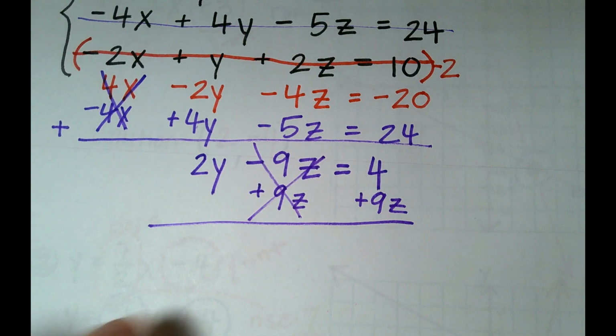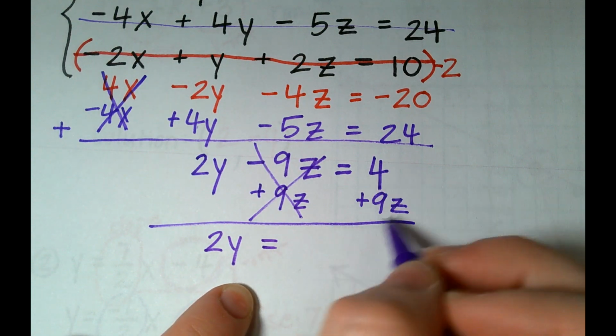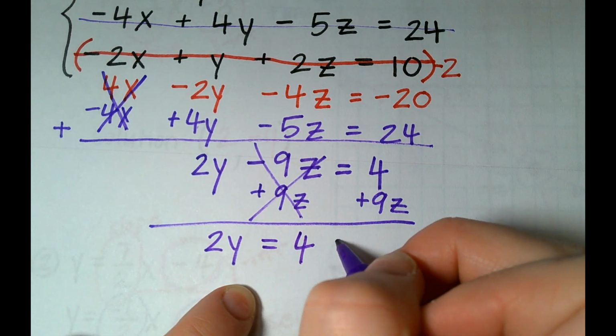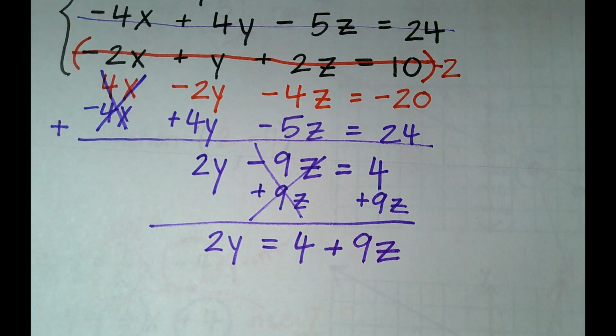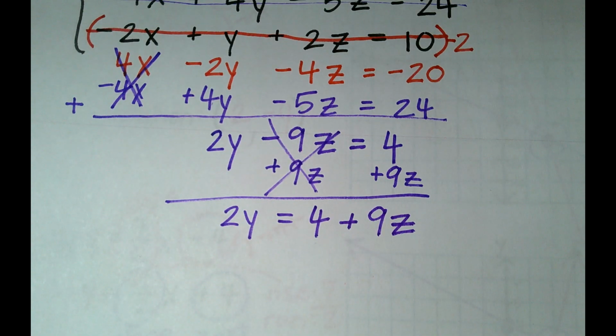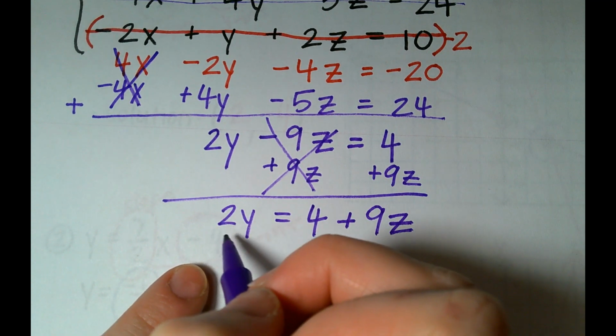That cancels. That's going to leave me with 2y equals 4 plus 9z, or I guess you could put 9z plus 4. And now maybe we could divide everything by 2.